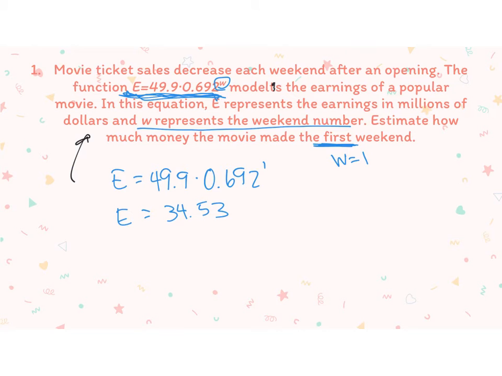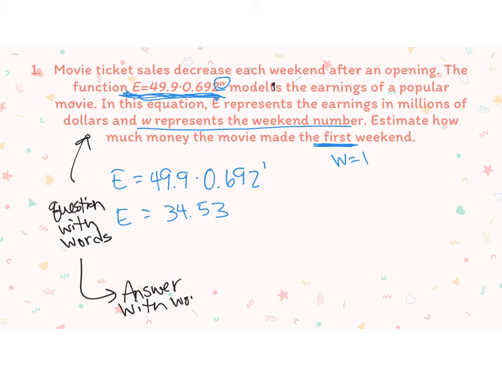Now, one thing I will say is I'm not going to circle this as my answer. This is a question with words. So if it's a question with words, that means it needs an answer with words. Anytime you have a word problem like this, you have to label your answer.